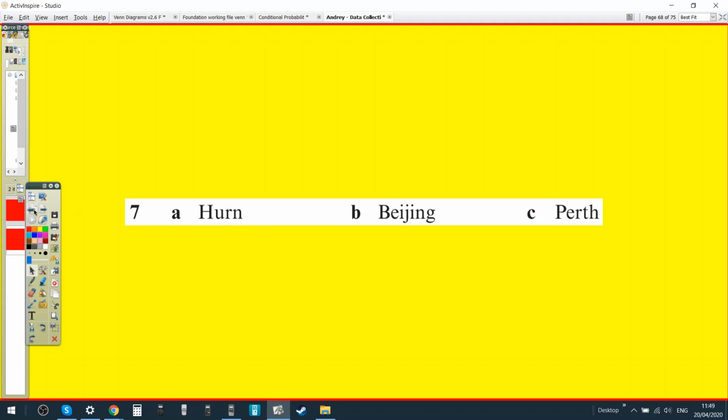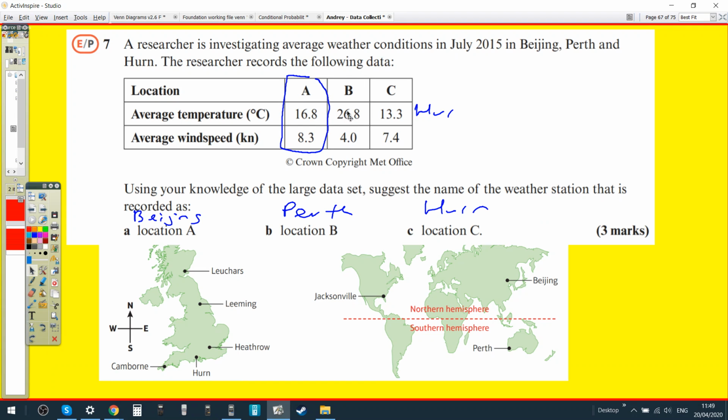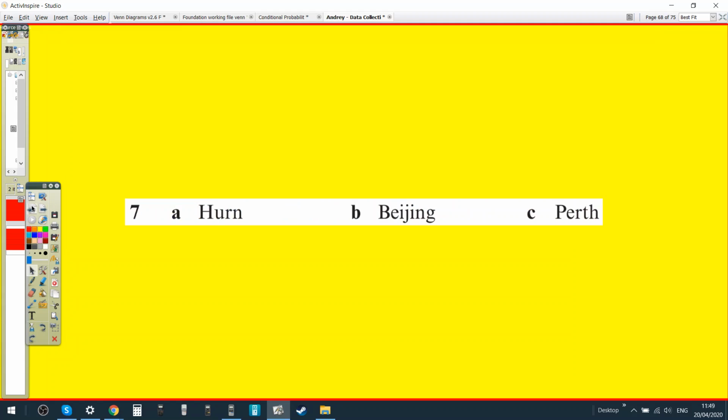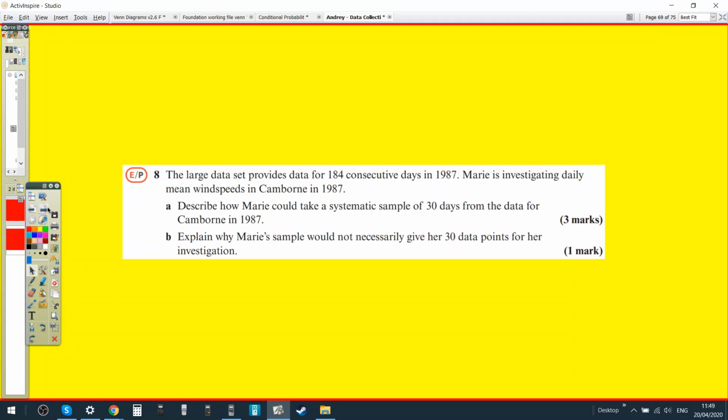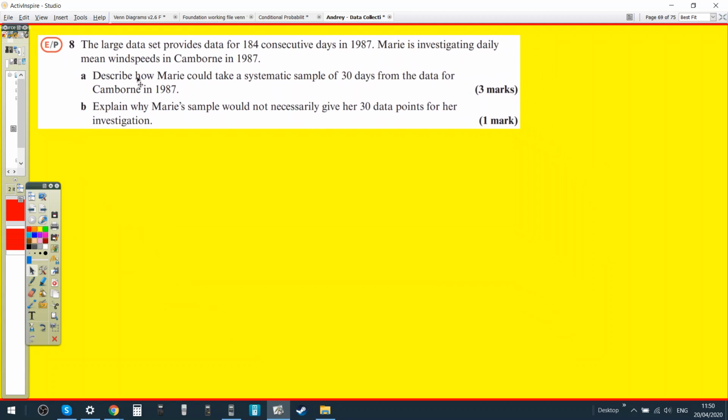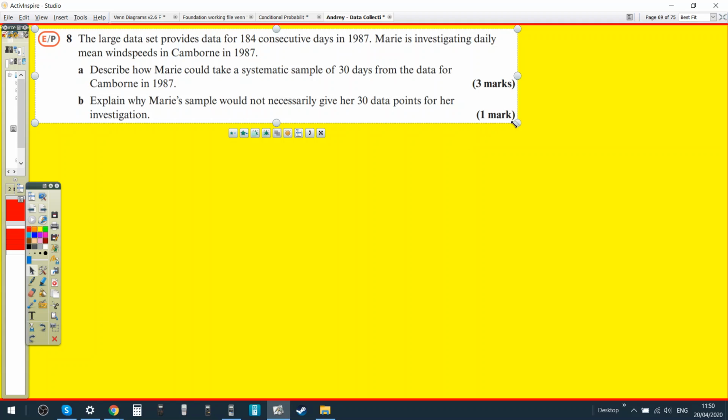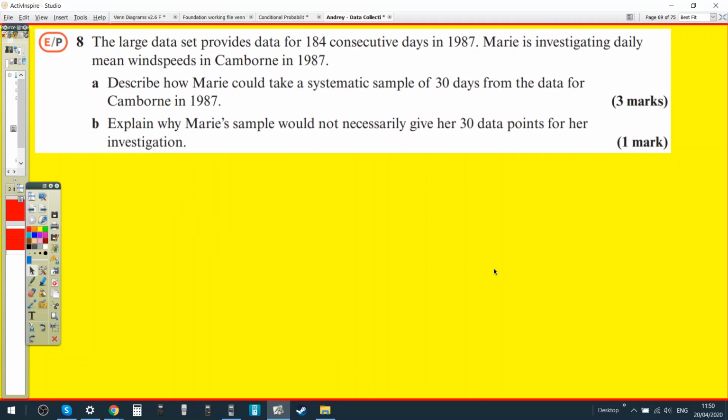Hearn, Beijing, Perth. So B is Beijing. So that's definitely the outlier. So the windiest one is. So A and C are very similar. And that's Hearn and Perth. Yeah, that's one for the philosophers. I'll let the geography teachers teach that one.